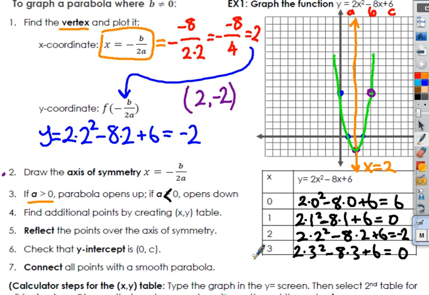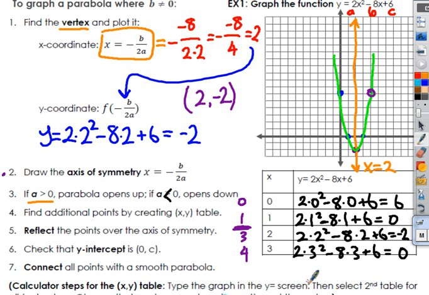Now, in our examples, if you would like to find better points for your parabola, you can start finding x values around the vertex. Since our vertex was 2, it could be easier to look at the values 0 and 1, which are 2 and 1 less than 2, and then 3 and 4, which are 1 and 2 units more than 2. We already know where the vertex is at 2, so we don't have to look at that one.